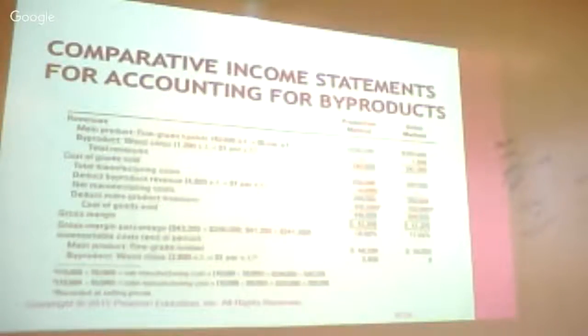For cost of goods sold, we have manufacturing cost of 250 and 250, so it's the same for both. Under the production method, we would back out what we would make if we sold all 4,000 cubic feet at $1. So manufacturing costs would be 246 and 250.